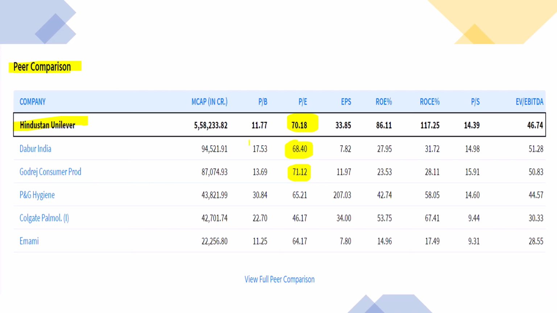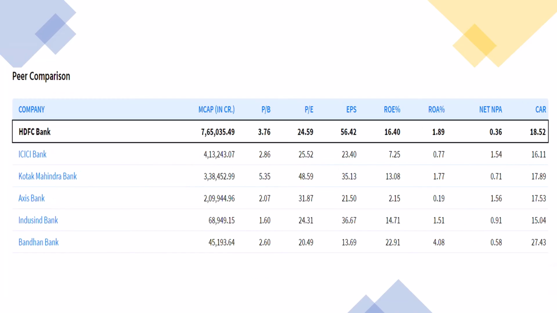As you can see, Dabur also has a PE around 70. Even Godrej Consumer Products has a PE around 70. So you should always compare PE with the same sector companies. The same goes for HDFC Bank also. HDFC Bank has a PE of 24.59, whereas ICICI Bank has a PE of 25.52. The same goes for Kotak Mahindra Bank, Axis Bank, IndusInd Bank and Bandhan Bank.